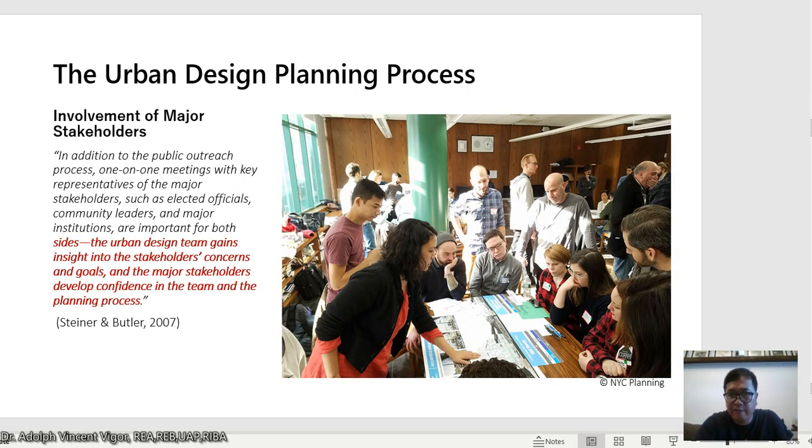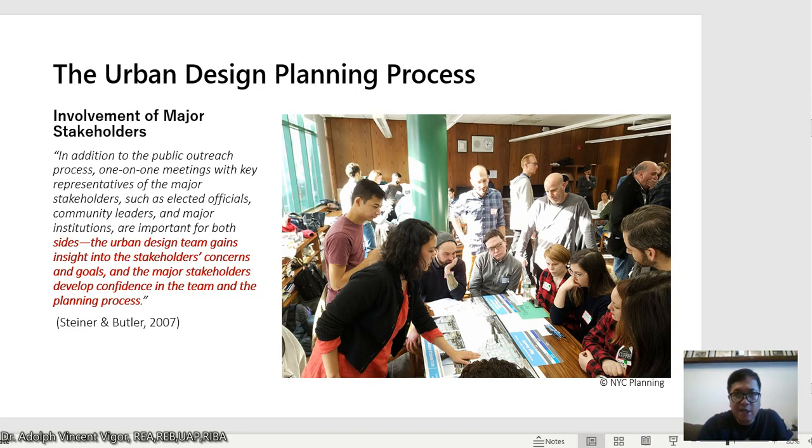Next is the involvement of major stakeholders. In addition to the public outreach process, one-on-one meetings with key representatives of the major stakeholders, such as elected officials, community leaders, and major institutions, are important for both sides.